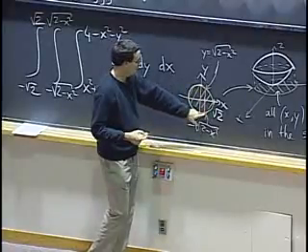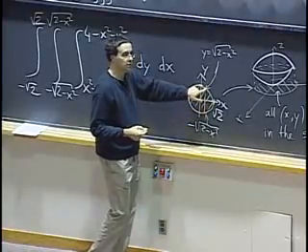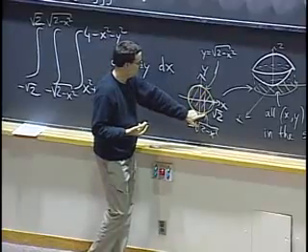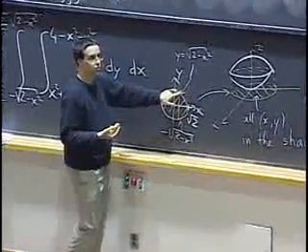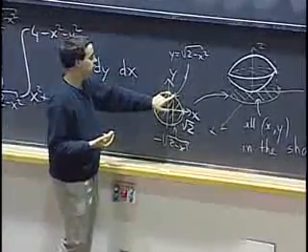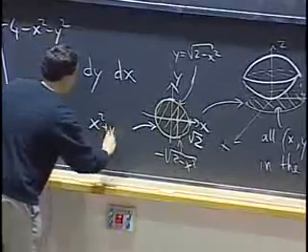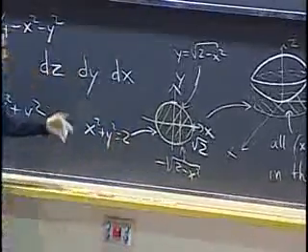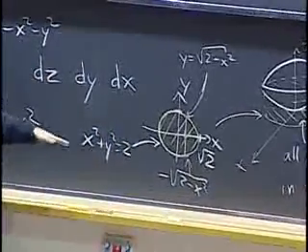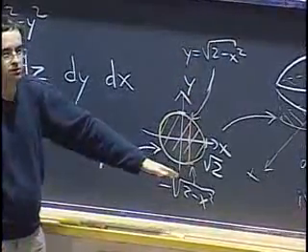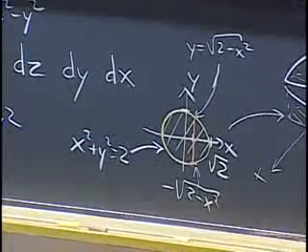So y goes from here to here, and what here and here are depends on the value of x. How? Well, we have to find the relation between x and y at these points. These points are on the circle of radius root 2. So this circle, maybe I should have written, is x squared plus y squared equals 2. And if you solve for y given x, you get plus or minus the root of 2 minus x squared. Okay?